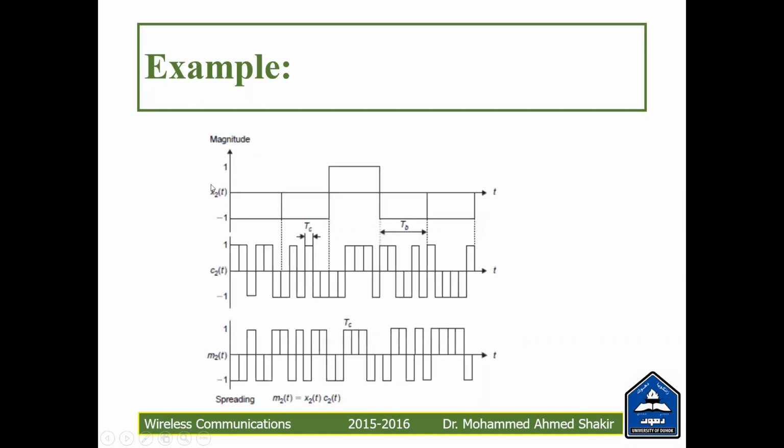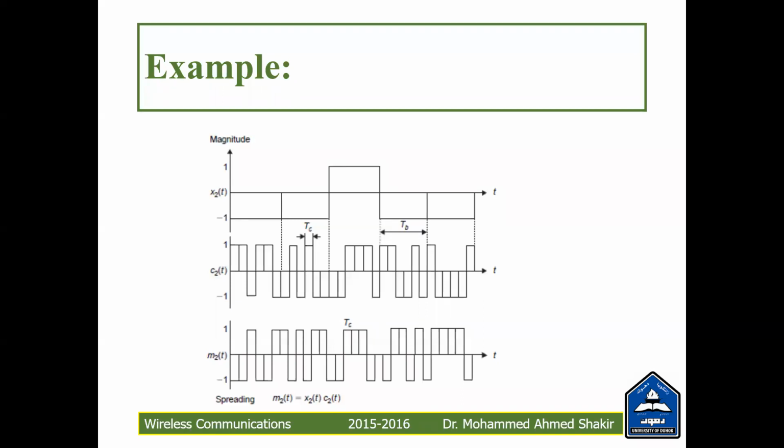Same thing for x of t. Now, again here, look, -1 by 1 will be -1. Slot by slot, depending upon the Tc. Why? The Tc slot is smaller than the Tb. The Tc time is less than the Tb time. So the Tc will be used as a reference for the system.